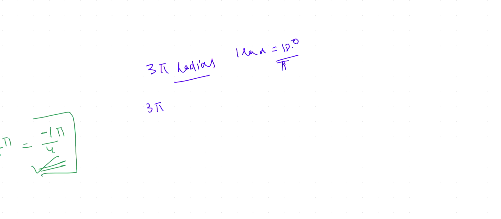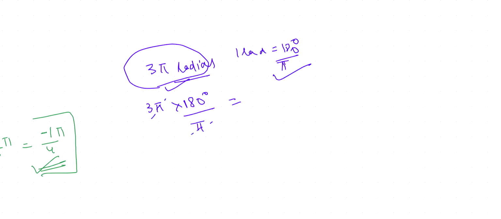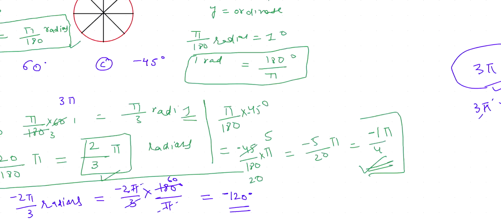Then just multiply this term with 3 pi, and you will get its value in degrees. Both the pi's will be cancelled out. Then you will get the angle 540 degrees. So this is the way you can convert both radians into degrees and degrees into radians.